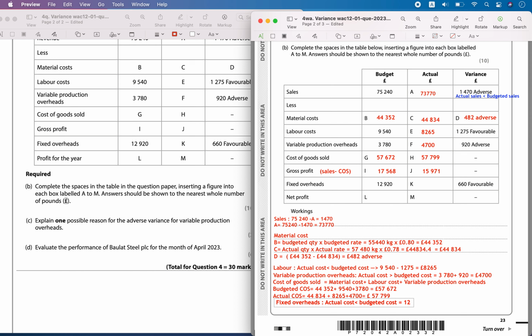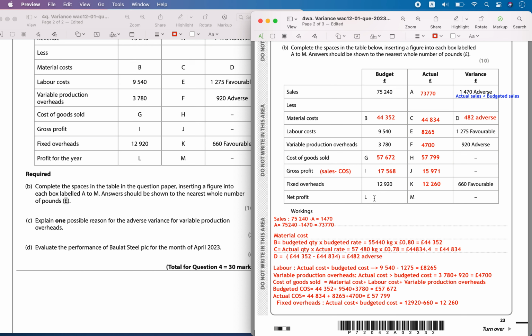So whatever is my budgeted cost minus 660 will be my fixed overhead cost, that is 12,260. It has got less by that amount. So this was my actual fixed overhead costs.